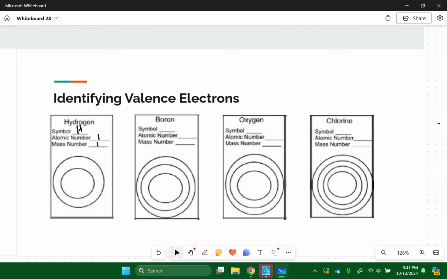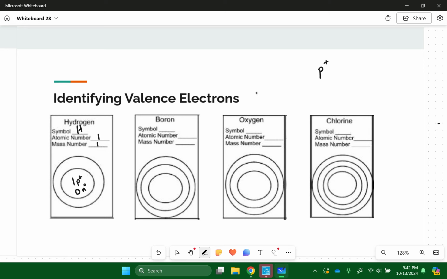So if this is atomic number 1, it's going to have 1 proton. We write proton like this. It's a lowercase p with a plus in the top right corner. Now, it's also got 0 neutrons.